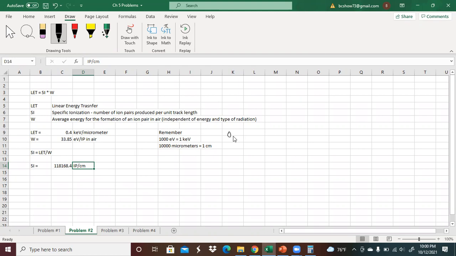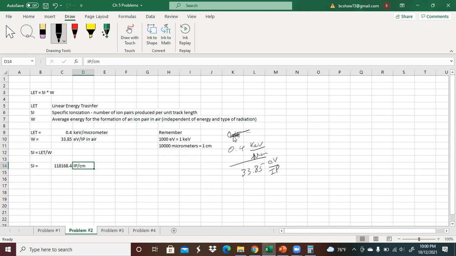So I took 0.4, whoops, scrub that out, 0.4 keV per micrometer, which is usually written like that. And we're going to take that and divide that by 33.85 eV per ionized pair.